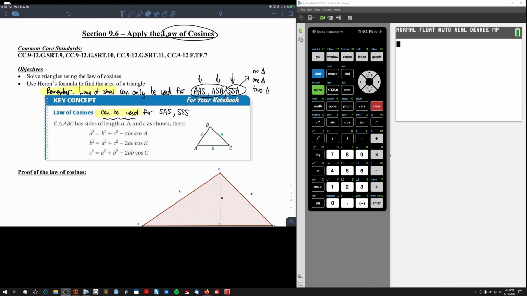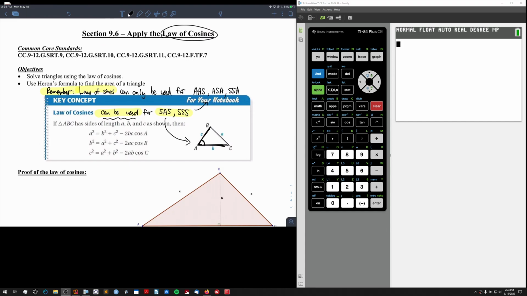But the important thing here is just to note that this is not all the triangle cases. There are two cases we're going to talk about today that are not included here. So what if you're given a side, let's say C, and an included angle, let's say A, and another side, let's say B? That's the side-angle-side scenario.